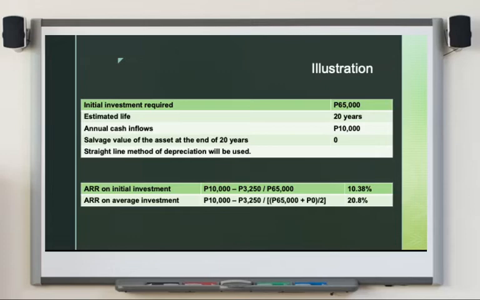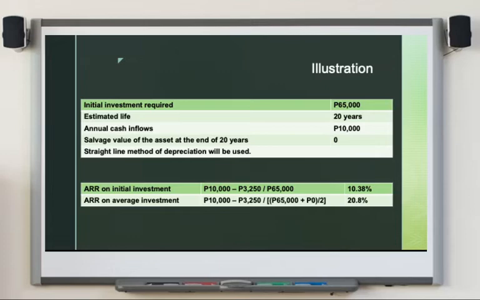However, if the minimum rate of return is 15%, using the initial investment as our denominator will give us a decision to reject the proposal because the computed ARR is less than the minimum rate of return.